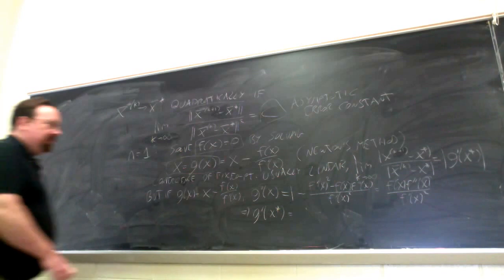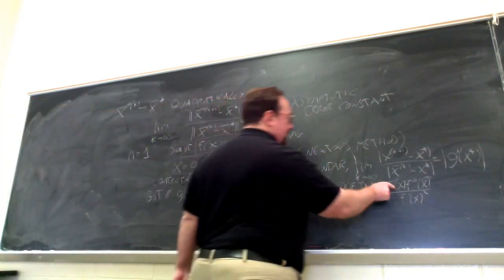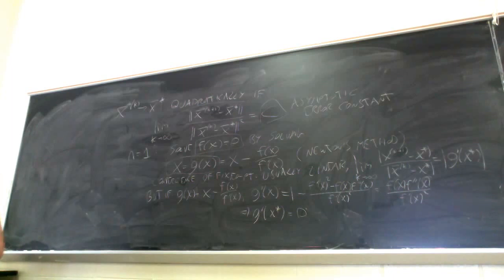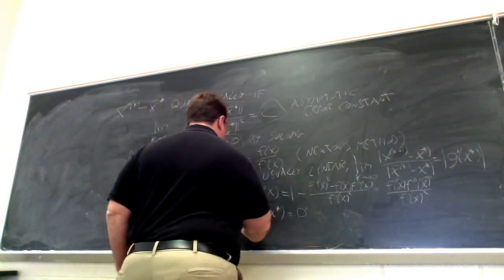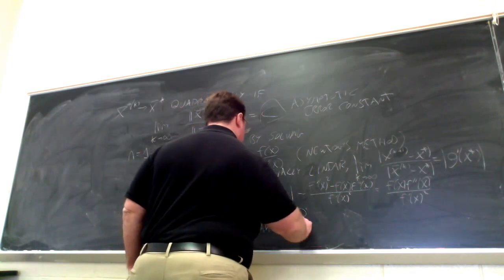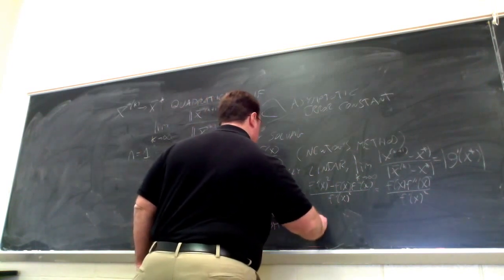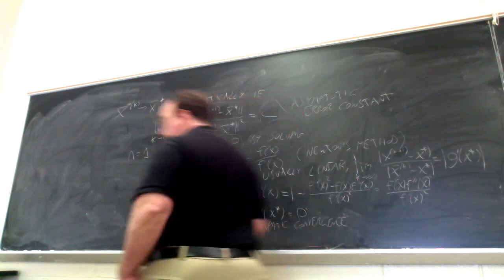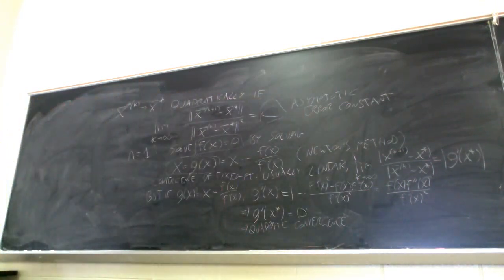It's going to be 0, just because this makes everything go away. So we get quadratic convergence for Newton's method.